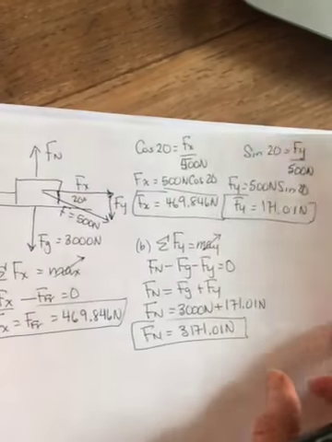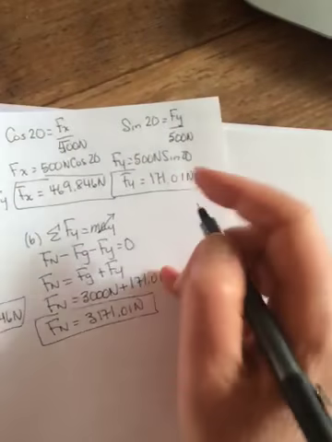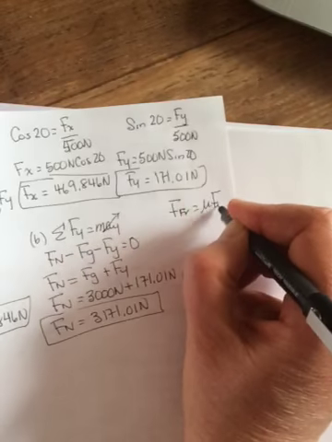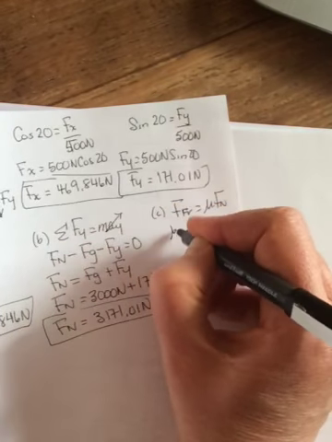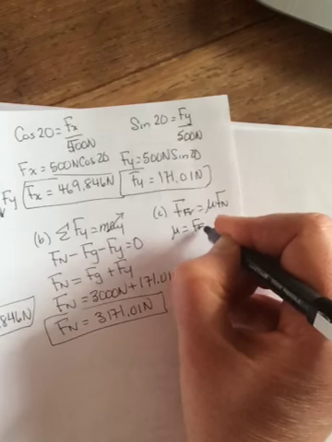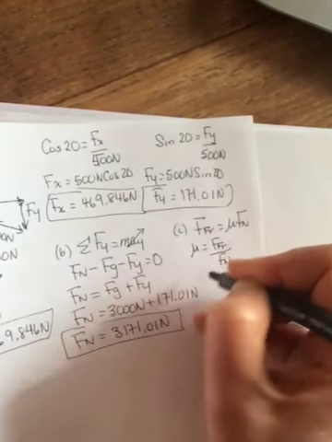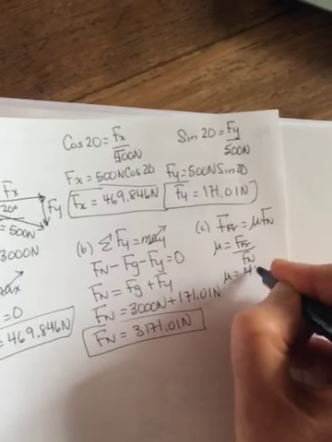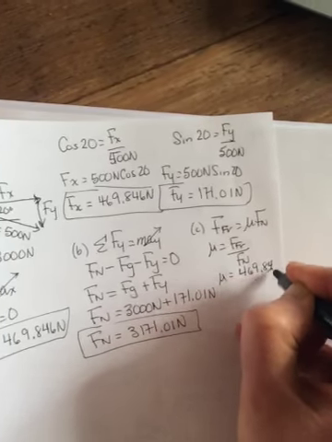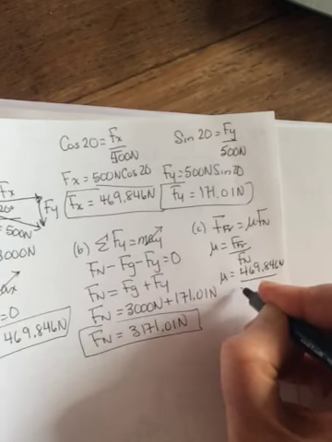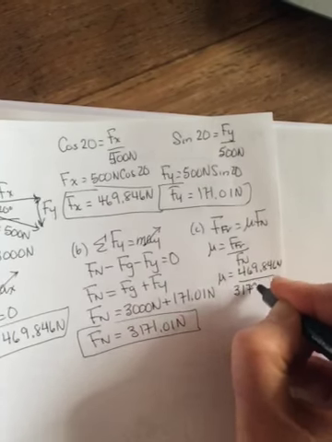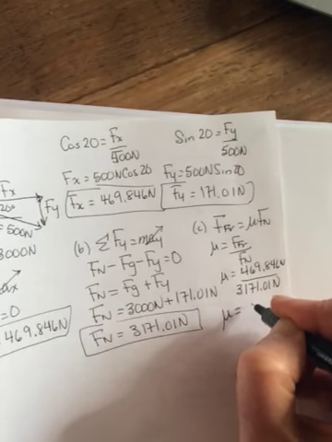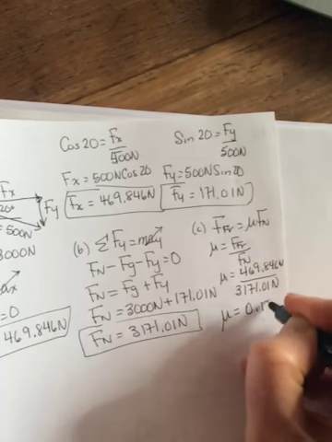And part C wants to know what is the coefficient of friction. So FFR is equal to mu Fn. So mu is equal to friction over Fn. So mu is equal to 469.846 newtons divided by 3,171.01 newtons, and you should get a mu of 0.15.